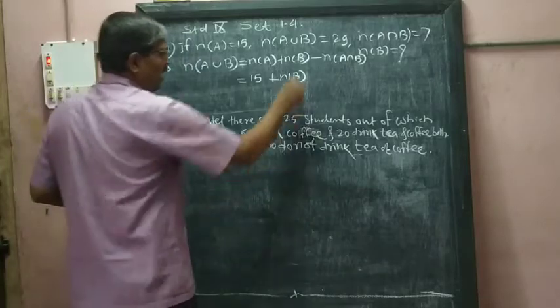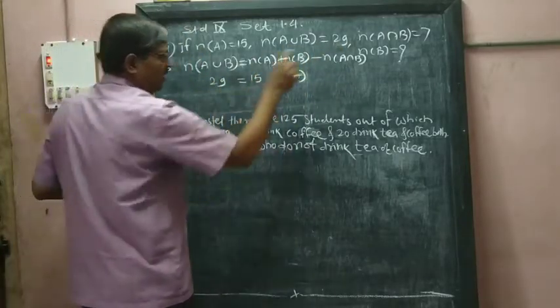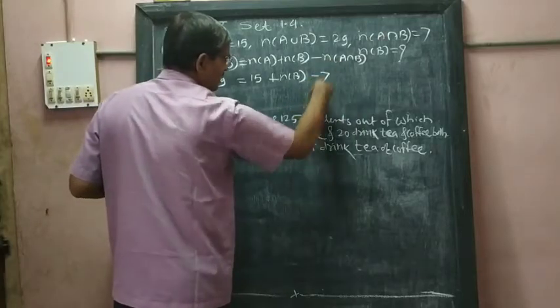A union B is given to you as 29, and the intersection number is also given as 7.